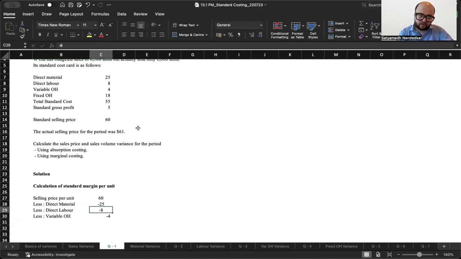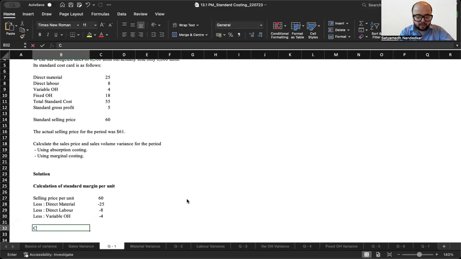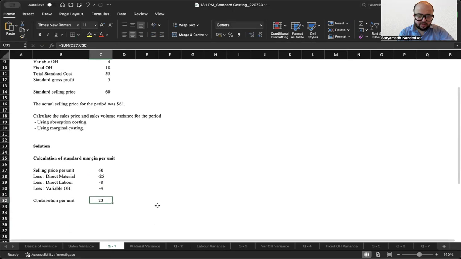Variable overheads will have to be subtracted because while calculating the contribution per unit, all variable costs will have to be subtracted. You will get your contribution per unit. How will you get contribution per unit? Sales minus variable cost. So if you are using the marginal costing system, then this is your standard margin.